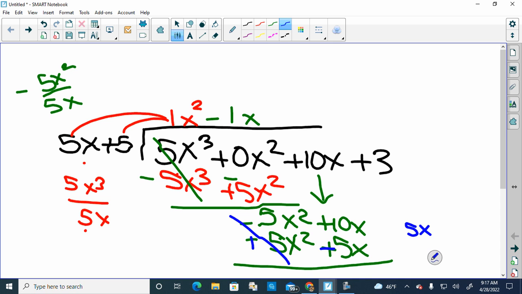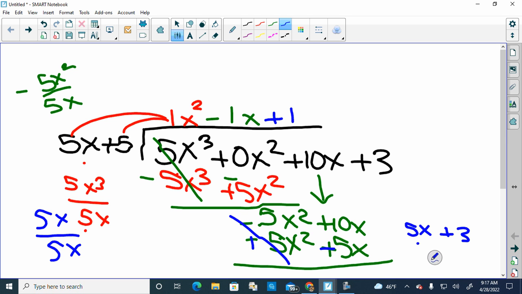And then we bring down our last one, which would be plus 3. First divided by first: 5x divided by 5x would be just 1, right? Wait, I think you messed up. It should be 10 plus 5. You put a negative and a positive, so it's positive 5x down here.